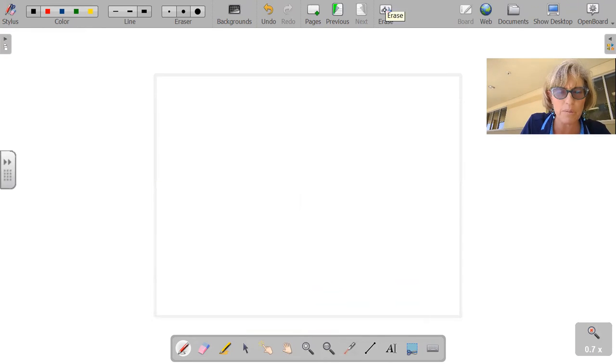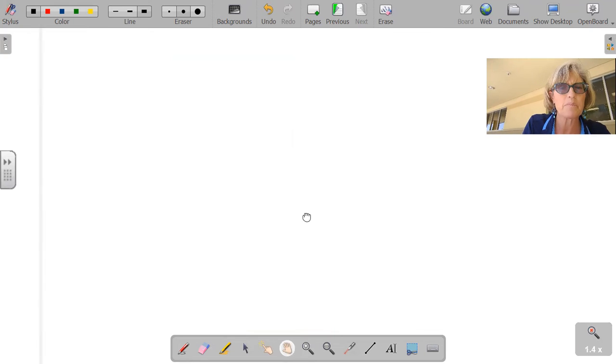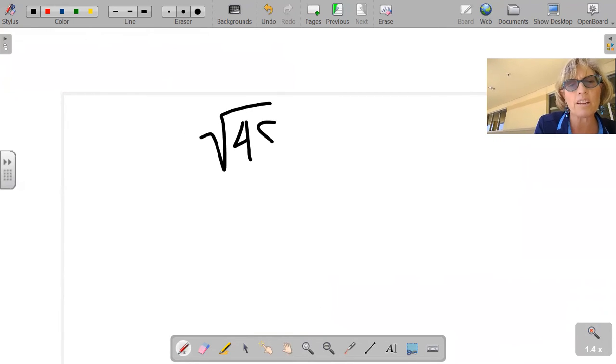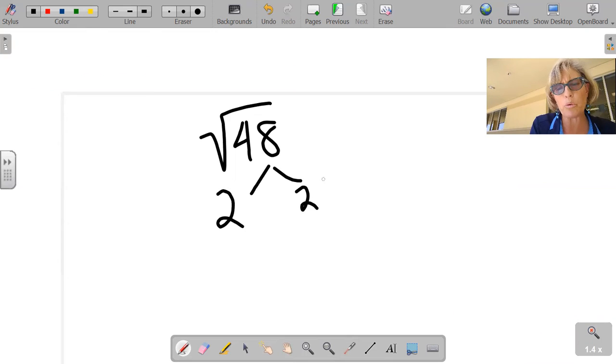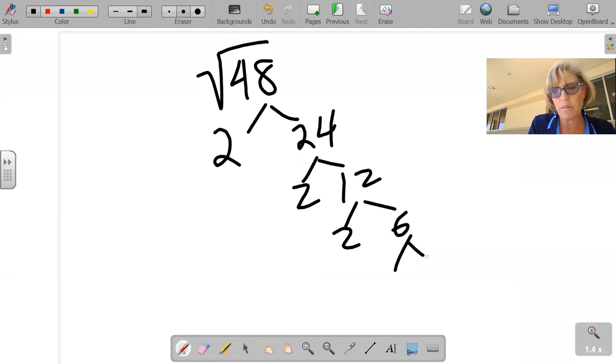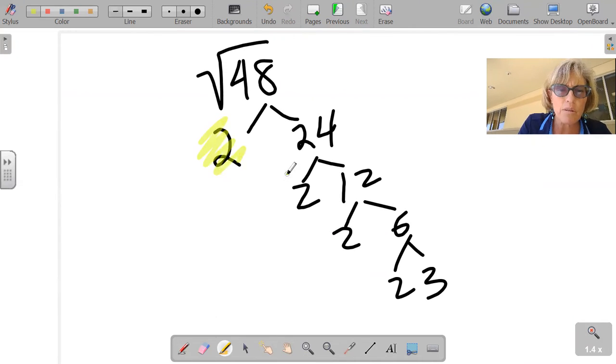I'm running out of space. Get this towards the top. Root 48 to 24 to 12 to 6 to 3. Now I look at my leaves.